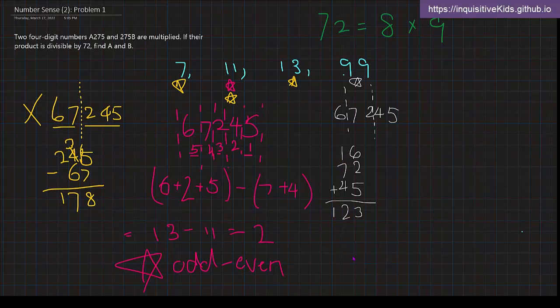Now if this sum right here is a multiple of 99, then it means that this number is a multiple of 99. But it's very obvious that 123 is not a multiple of 99 and cannot be divisible by 99, which means that 67245 is also not divisible by 99.